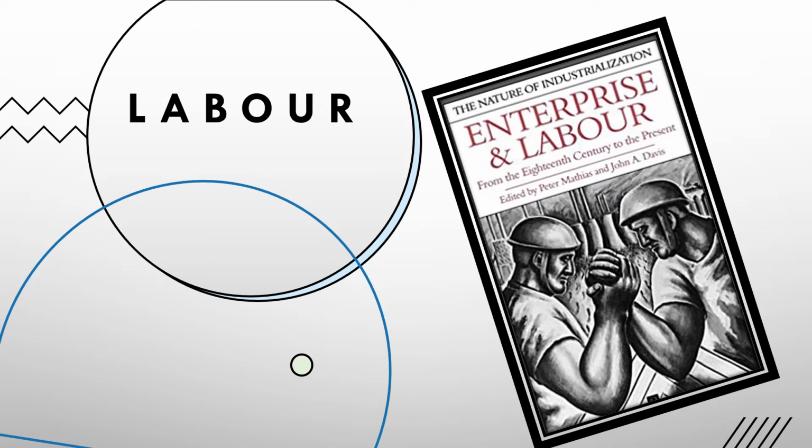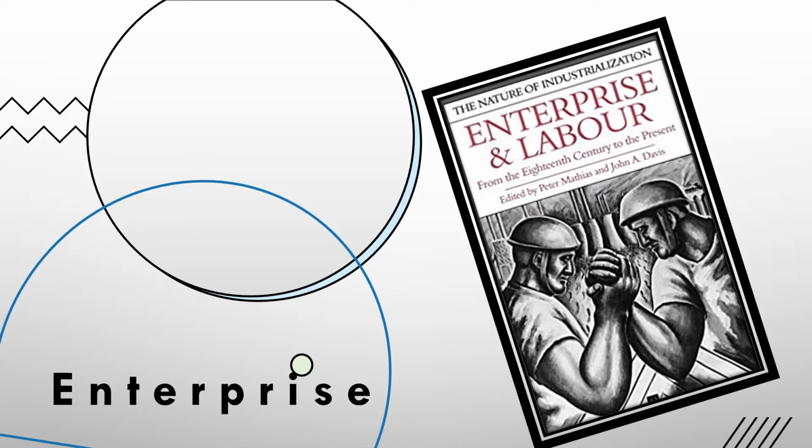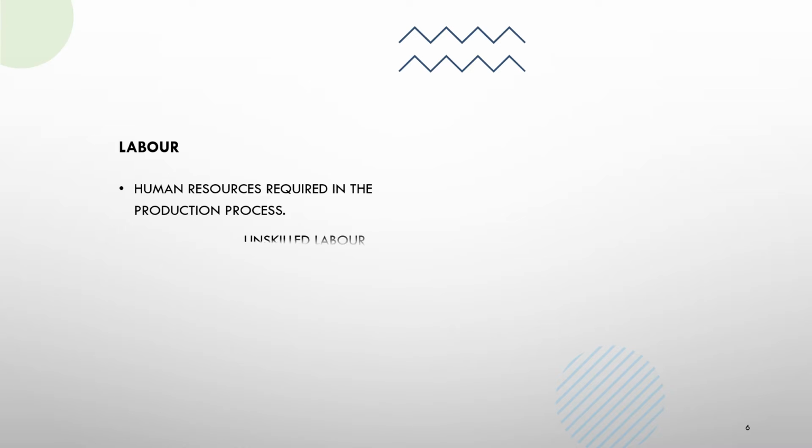Next, the factors of production are labor and enterprise. Labor is the human resources used to produce goods and services. This can be physical or mental effort.